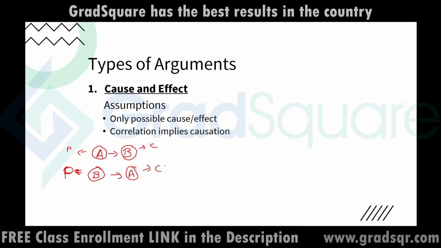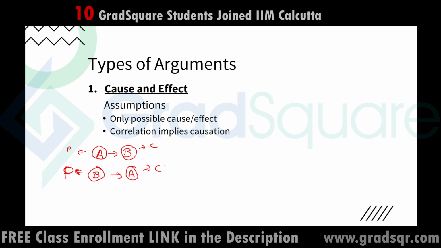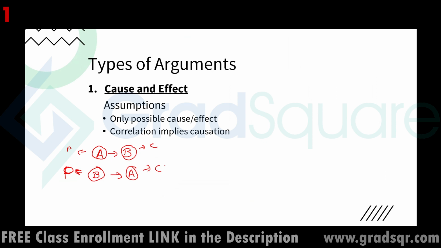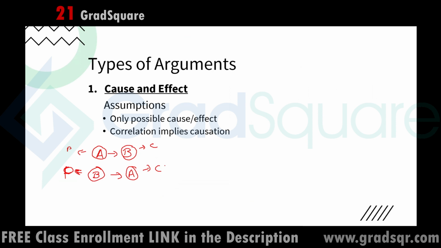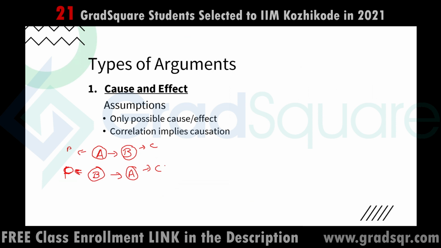So in a cause and effect argument, it is possible that the cause is a premise and the effect is a conclusion. Or, if the author knows that the effect has happened factually, then the effect can be the premise and the cause can be the conclusion. Now, inside cause and effect arguments, there are two implicit assumptions which are always present.